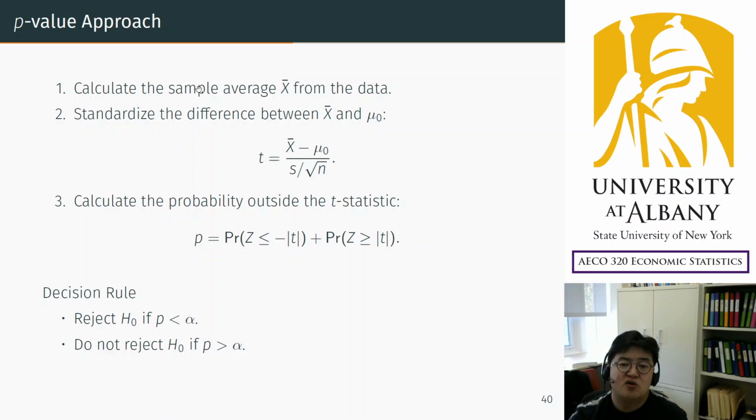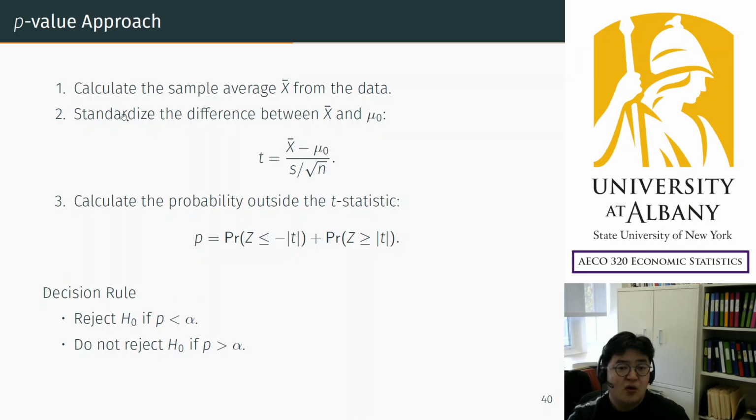The p-value approach is exactly what we have done up to here. We are going to calculate the sample average. By the way, we limit our example to the population expectation. We are testing whether our population expectation equals something. That is the basic structure we are studying. First, calculate the sample average from the data. This is our test statistic.